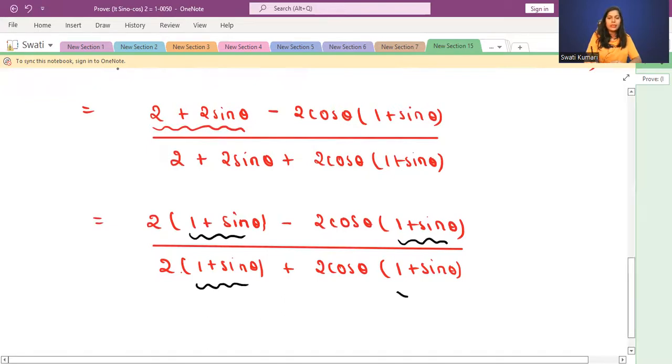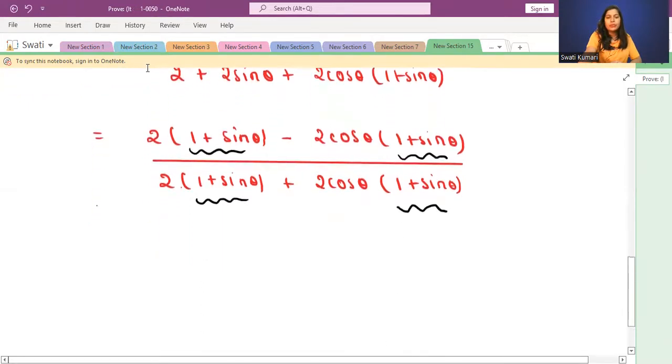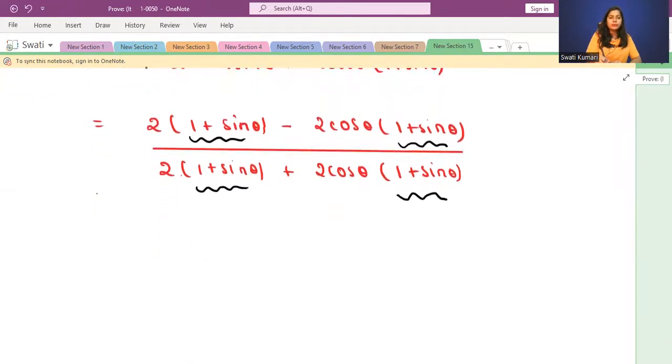Same in the denominator also. So can we not take that (1 + sin θ) common? Of course we can take. So we are going to take that common. Also we can take this 2 common because 2 is also here. So this will become twice of (1 + sin θ) is common.